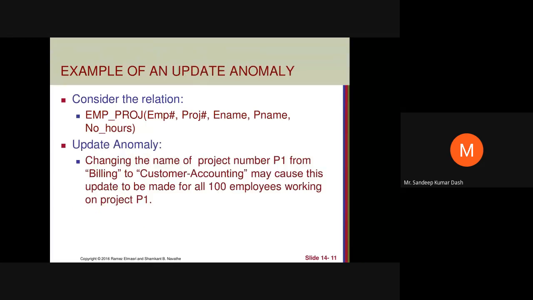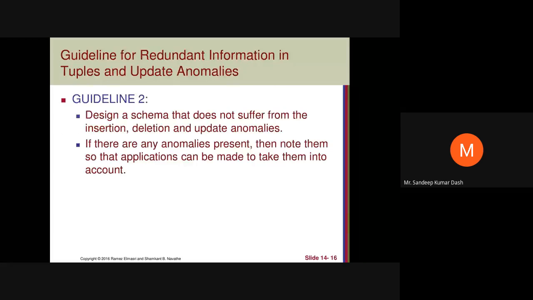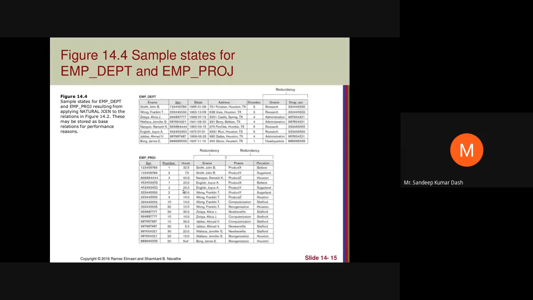Now, another thing is update anomaly. Update anomalies are the problems which arise because of redundancy, when you update the data in some place but forget to update the data in some other places.